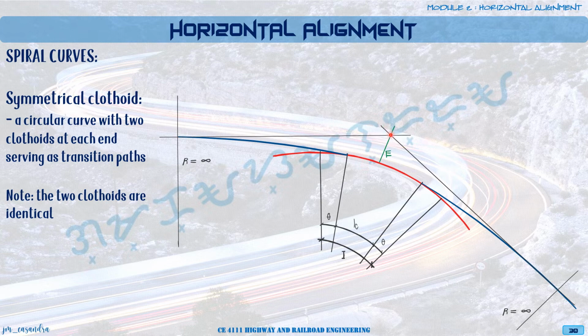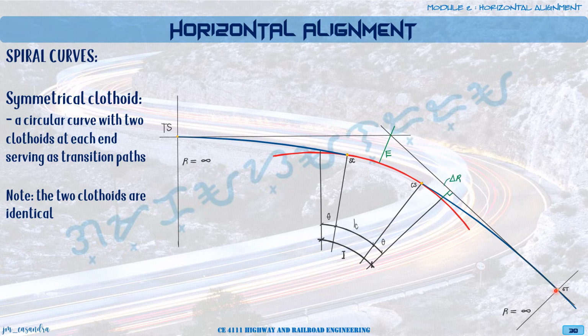The point of intersection of the tangents is our E. And then we have TS, or the tangent to the spiral. Then we have SC, or spiral to circular curve. This point is CS, or circular to spiral. And we have here spiral to tangent.